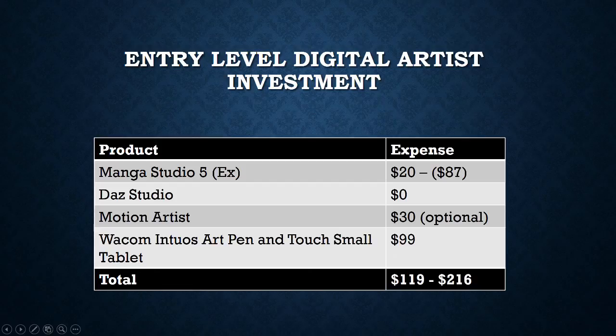Pick up Motion Artist if you'd like to play with adding a little motion to your comics, and it's only going to be about $30. And then I'd recommend in the price range of $85 to $100 for a Wacom small tablet, but make sure it has that touch feature so that you can use your finger gestures to manipulate your art.